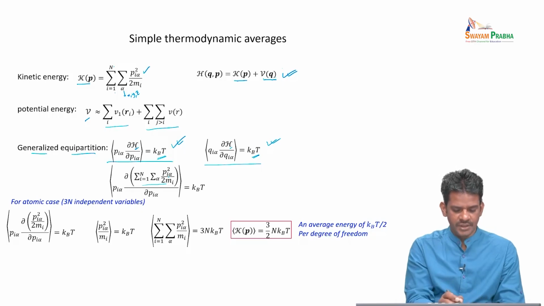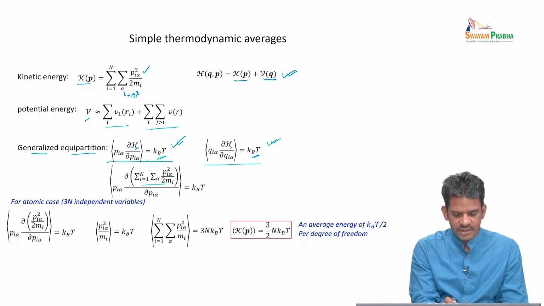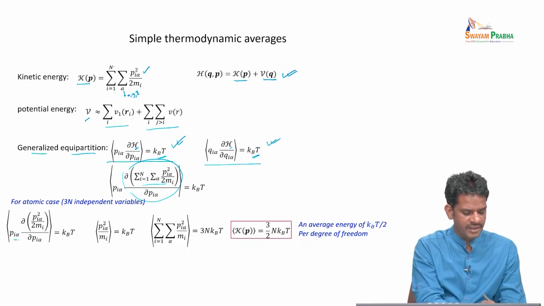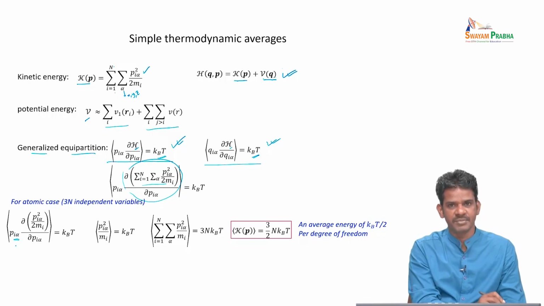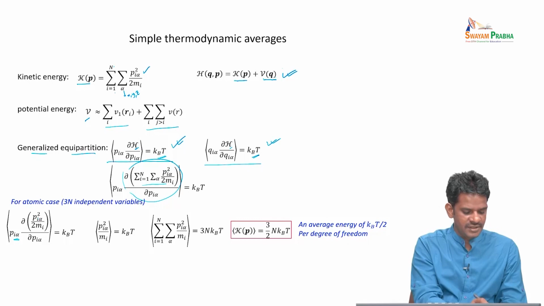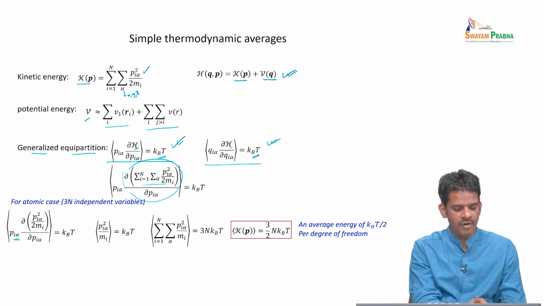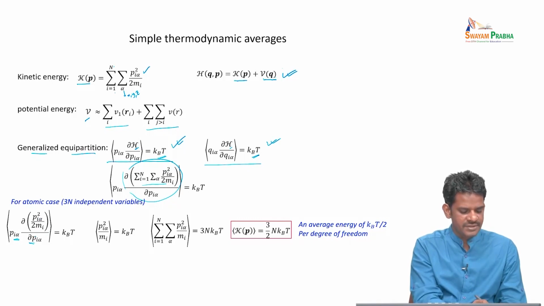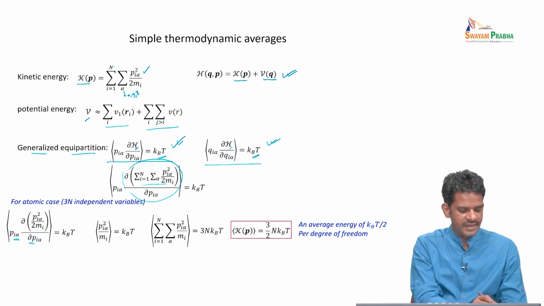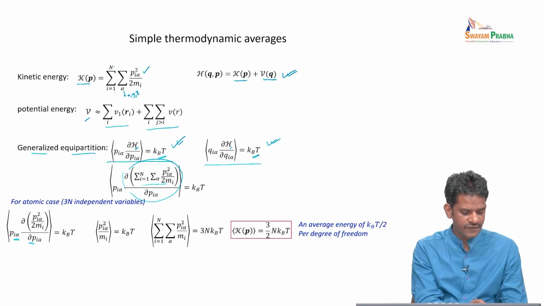And now, within this partial derivative, I am going to write for one particular alpha component of the ith particle. Then you will see that in this summation only one term survives, which is p_i alpha squared by 2 m_i. All the other components will not survive because this is a partial derivative with respect to p_i alpha. So, I can write the relevant terms and differentiate.